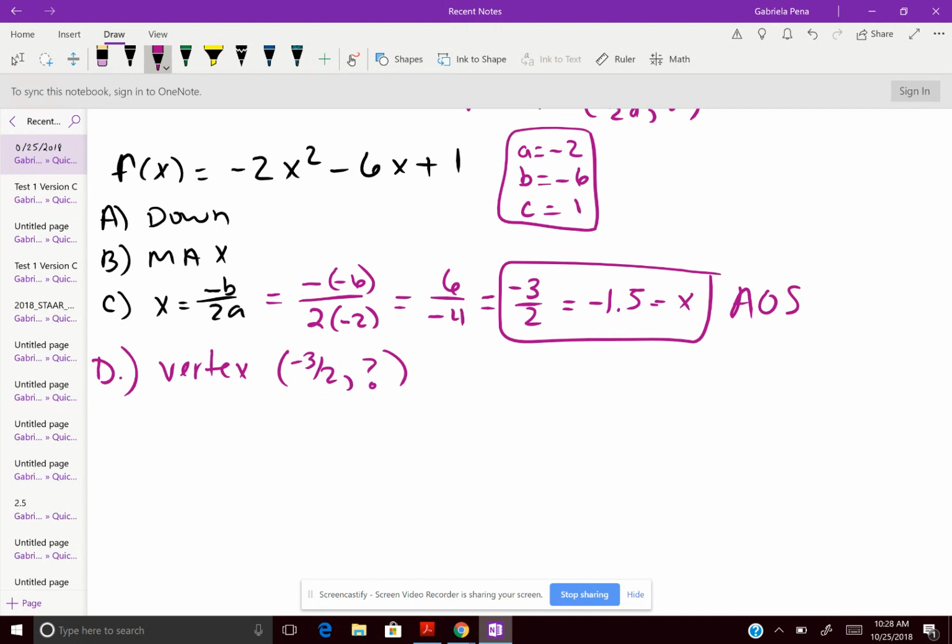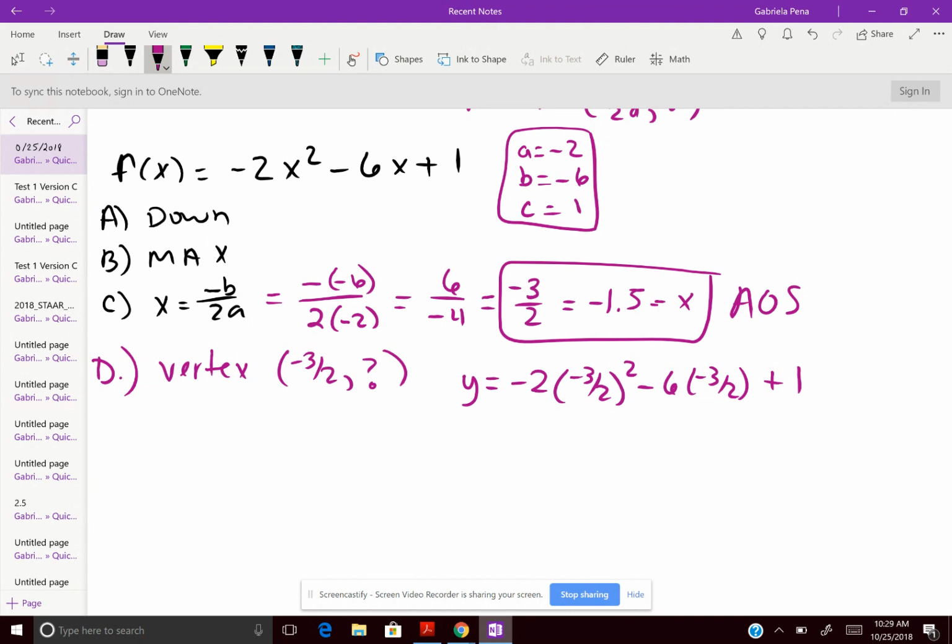So y equals -2(-3/2) squared, -6(-3/2), plus 1. So it gets a little crazy, but there's no race.